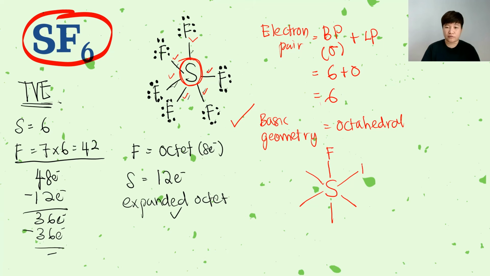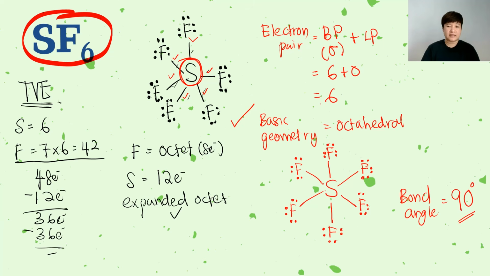Put in all your fluorine with their lone pairs. And we are done with the drawing of SF6 in octahedral shape. But what would be the bond angle? The bond angle over here is 90 degrees only. Every single bond between them will be at 90 degrees.